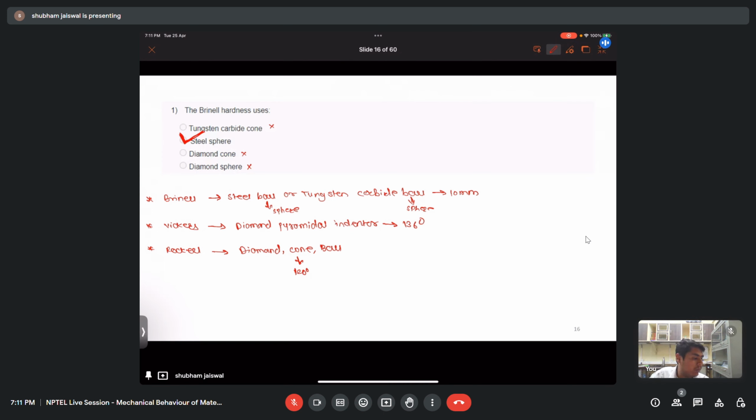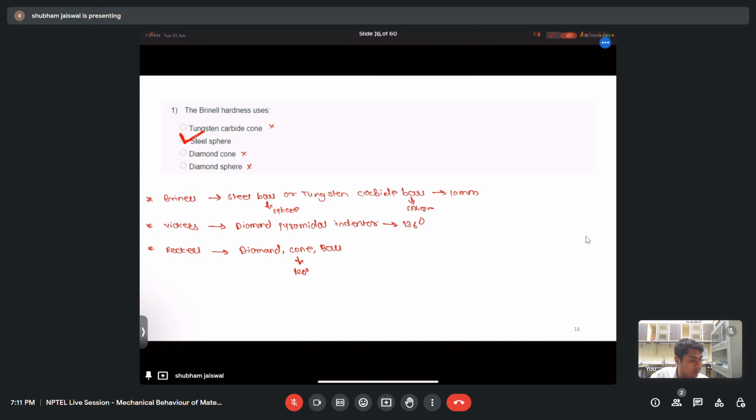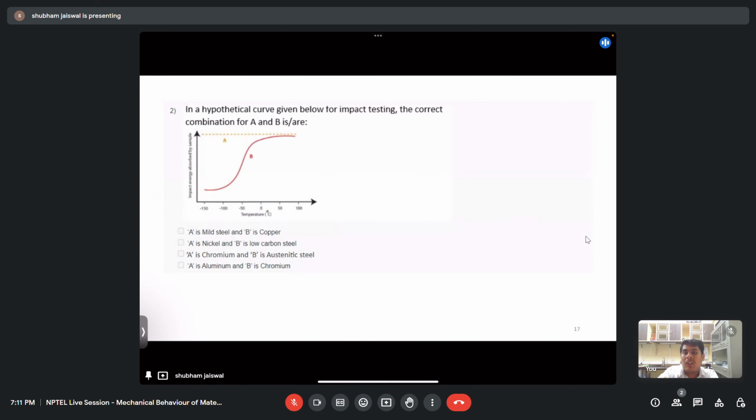Now moving towards the second question. In a hypothetical curve given below for impact testing, the correct combination for A and B are.